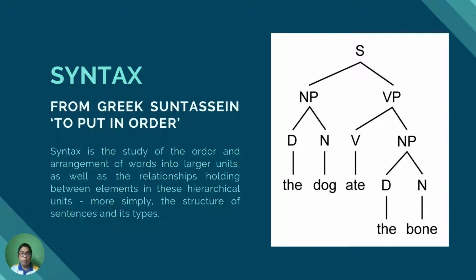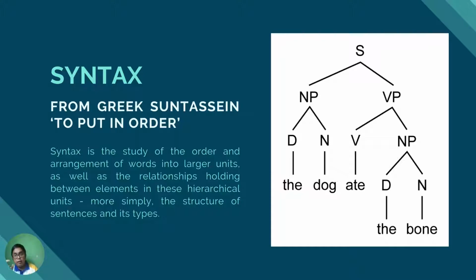Moving forward, we now have syntax. The third component of language, from the Greek word syntasein, which is to put in order, is the study of the order and arrangement of words into larger units, or the so-called sentences, as well as the relationships holding between elements in these hierarchical units, or more simply, the structure of sentences and its types.